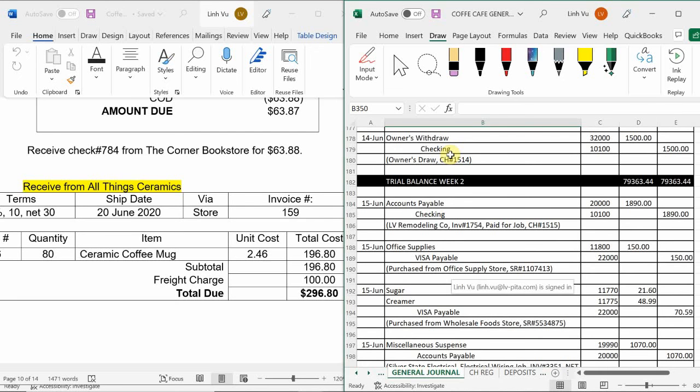This is back in chapter 5. How do we record purchasing periodic inventory?